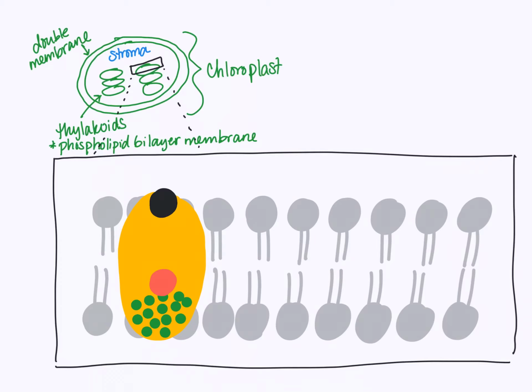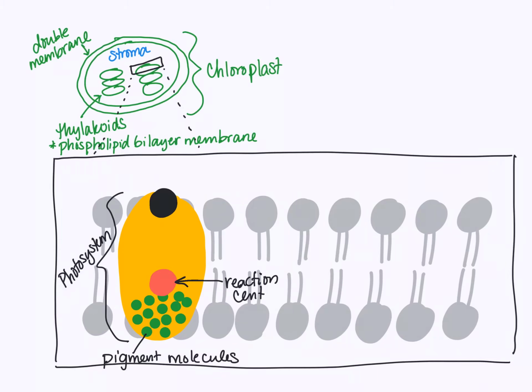This whole big oval that I drew here is going to be a photosystem. These individual little green circles are going to be the pigment molecules. The big red circle is going to be the reaction center. And this black circle up here is the electron acceptor.